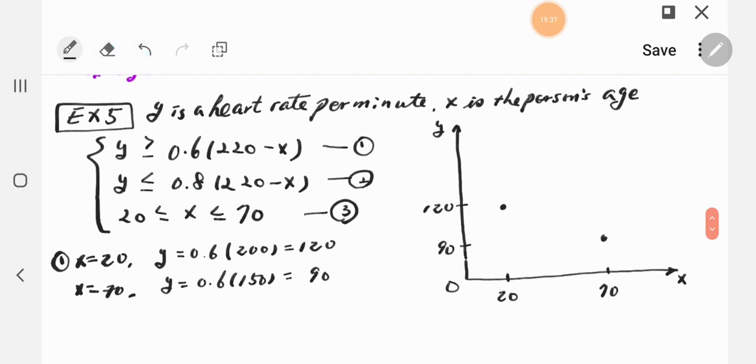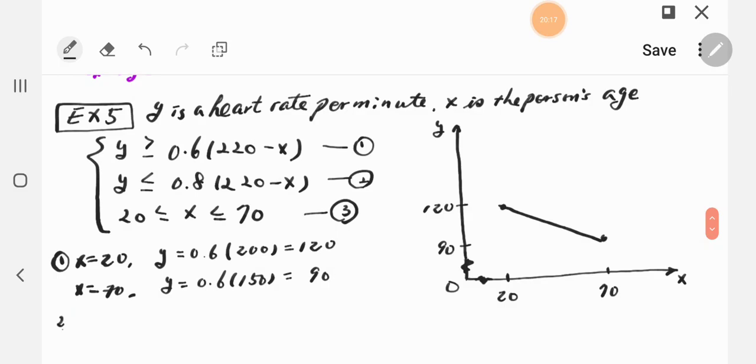Then let's cut the line. When you cut the line, you can use this little cutting sign, like this. So the graph will be something like this. This is the line of the first inequality. The area will be above the line, because if we plug in 0, 0, it is false. So the solution will be above this line.